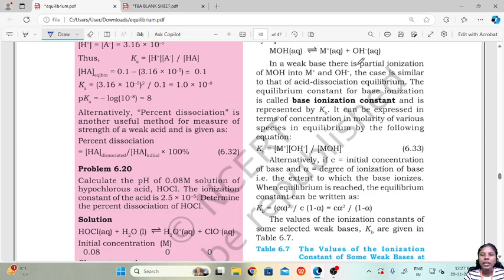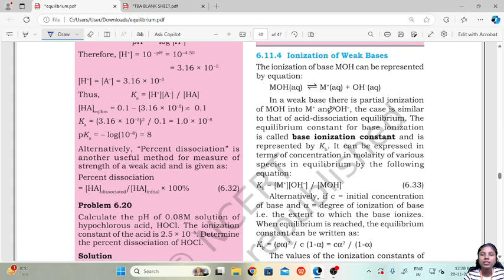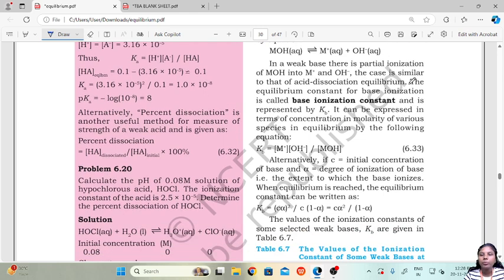Now in a weak base there is a partial ionization of MOH into M plus and OH minus. The case is similar to that of acid dissociation equilibrium. Whatever we discussed there, where there was partial ionization of the weak acid, the same is happening here: MOH is getting partially dissociated into M plus and OH minus.